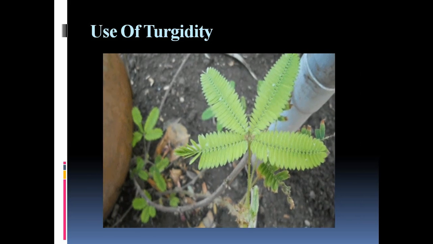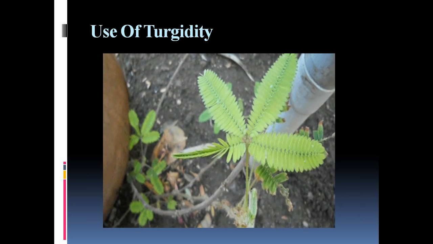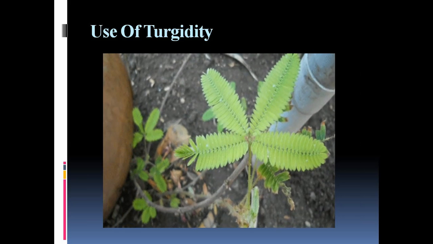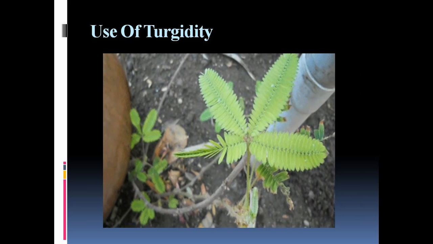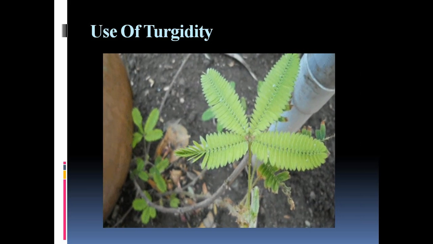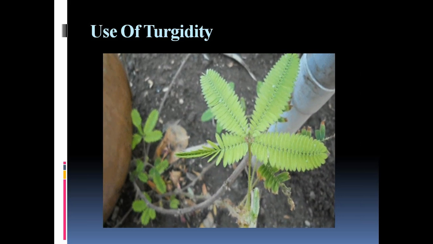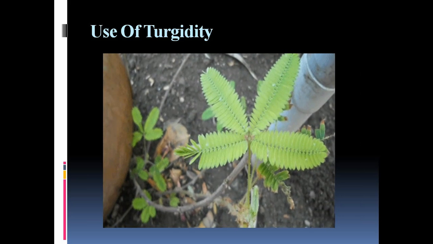Next use of turgidity is in the Mimosa pudica plant, meaning the touch-me-not plant. We see this kind of activity when we touch any Mimosa pudica plant. If we touch one leaf, the other leaves also gradually droop down, isn't it?